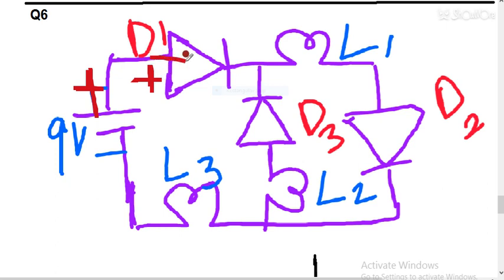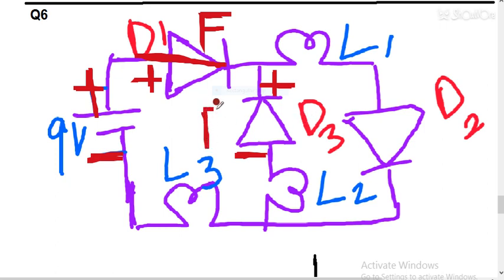So this diode D1 is forward biased. D1 will be forward biased, so I am mentioning here F, forward biased. Then some positive voltage will appear here, or you can see here some negative voltage will go to this terminal. That means this diode will be reverse biased.